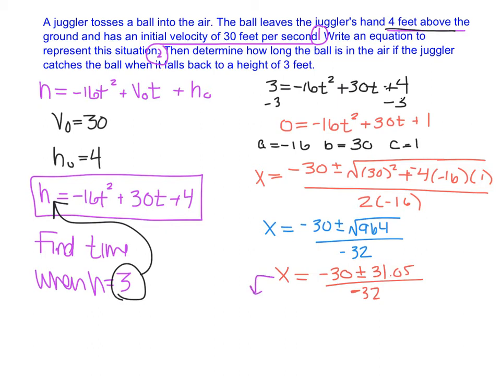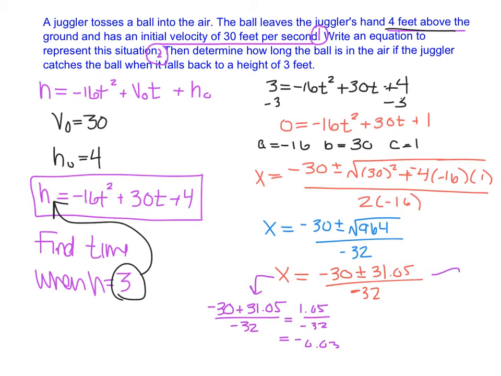Now let's split this out. We have negative 30 plus 31.05 divided by negative 32. That becomes 1.05 over negative 32, which if I divide that out gives me a time of negative 0.03 seconds, which really doesn't make much sense.